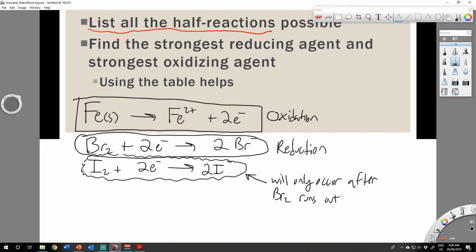There we go. Because the bromine is the stronger oxidizing agent, it's going to force iron to give it its electrons. Iodine isn't as strong of an oxidizing agent, so it has to wait its turn. All right.